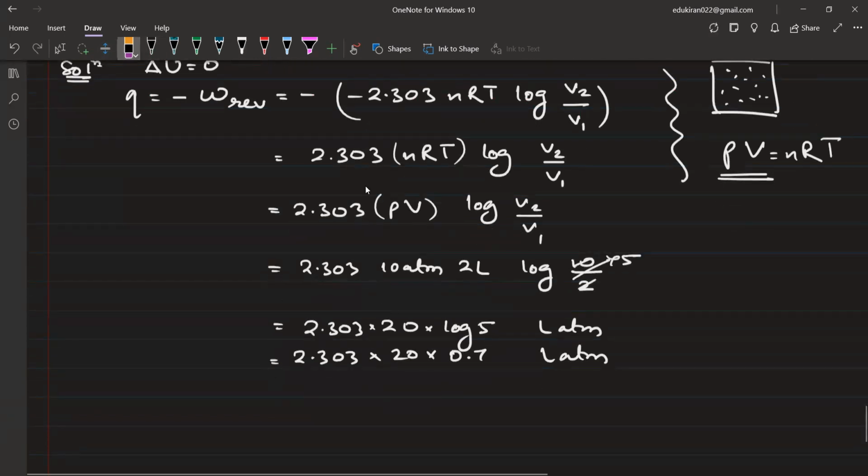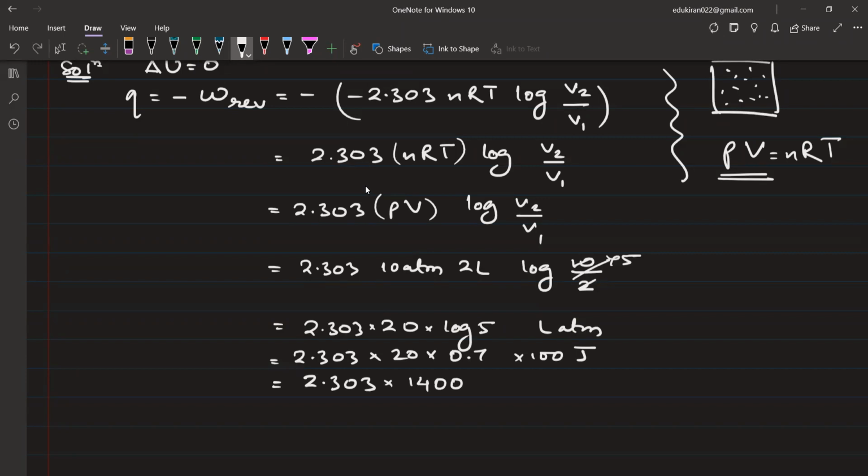So लीटर एटीएम को हटा के हम 100 जूल्स भी कर देते हैं. ठीक है, लीटर एटीएम इज इक्वल टू 100 जूल्स. सो दिस विल बी इक्वल टू हाउ मच? 2.303 into 0.7 into 20 है 14 and 2 more zeros, and joules.